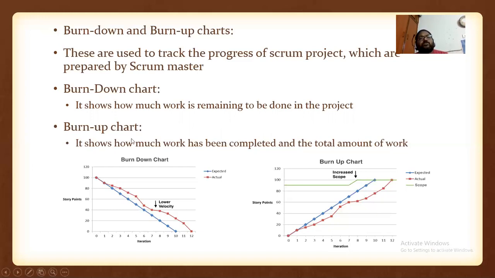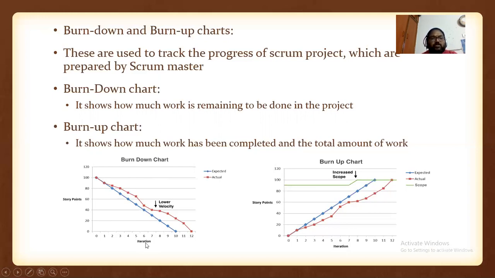The burn up chart shows how much work has been completed and the total amount of work. Now if you observe, this is the burn down chart here. Story point, iteration. This blue represents the expected, and the other the actual. Actually, iteration 10 we had to complete, but a little more time is taken. The story point is nothing but user stories.